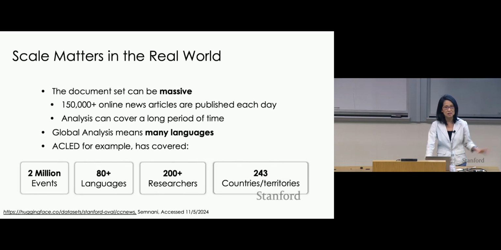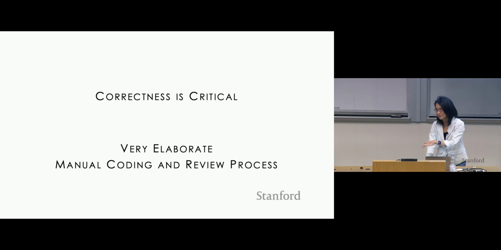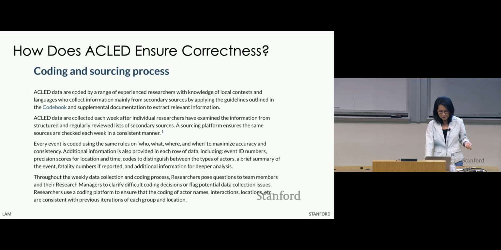So that's the scale. The second question is accuracy. I think we have touched on many of these issues. In order to handle that, they actually have a very elaborate manual coding and review process. Okay, and so this is what they wrote about the coding and sourcing process. These are all experienced researchers who have local context.